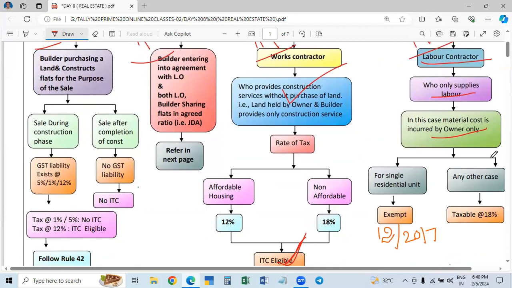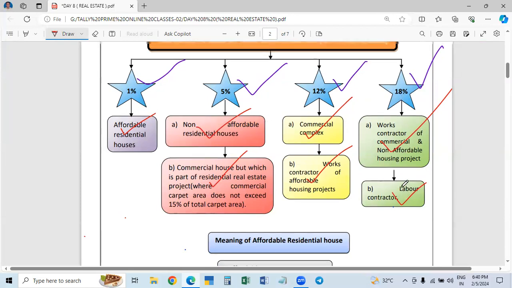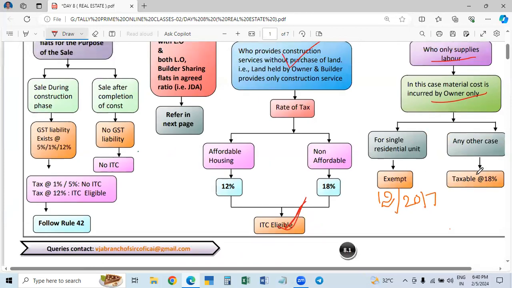In this case, what is the rate? In the case of a labor contract, the rate is always 18%. In a works contract, commercial and non-affordable is 18%, and affordable housing is 12%, but in the labor contract, it is always 18%.